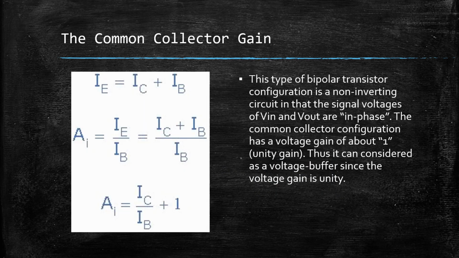This type of bipolar transistor configuration is a non-inverting circuit in that the signal voltages of VIN and VOUT are in phase. The common collector configuration has a voltage gain of about 1, unity gain. Thus it can be considered as a voltage buffer since the voltage gain is unity.